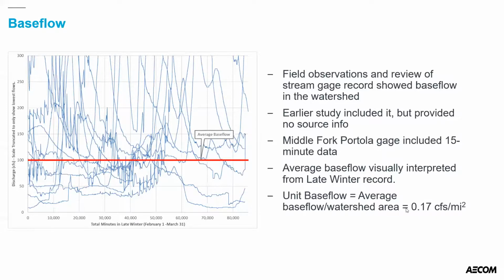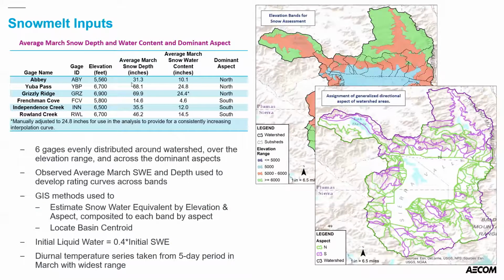Now we get to the fun stuff, snow melt. We looked at the snow records at these 6 gauges for December through June. We wanted to figure out when is the biggest snowpack. Consistently across all of the gauges, the biggest snowpack occurs in March. Depths and snow water equivalent.